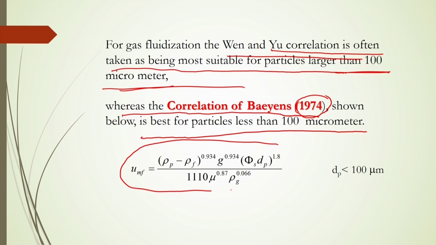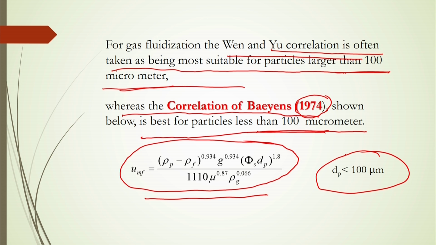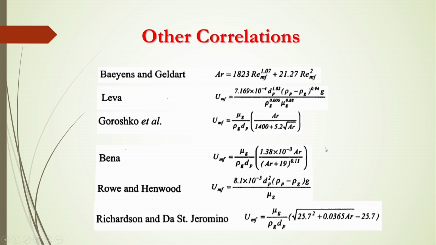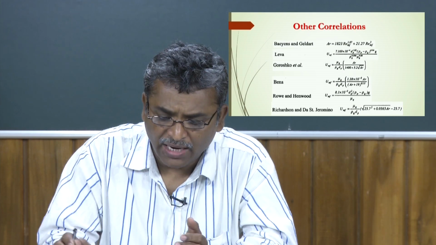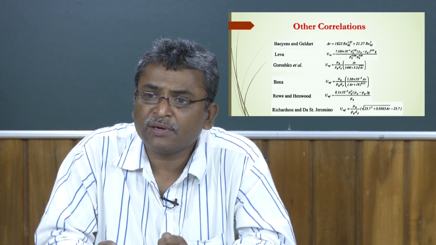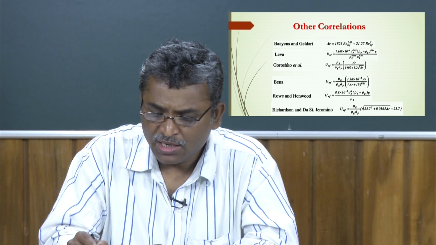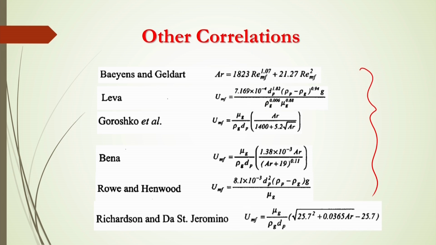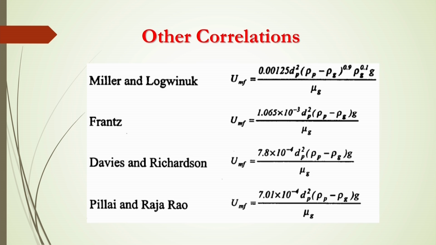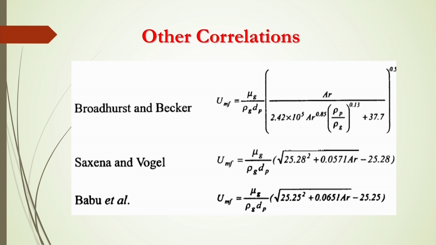So, this is the correlation that you can directly use for calculating the minimum fluidization velocity if you are using particles of size less than 100 micrometer. There are other investigators who have developed different correlations for minimum fluidization velocity. Some of these are given here in the slides that you can follow.